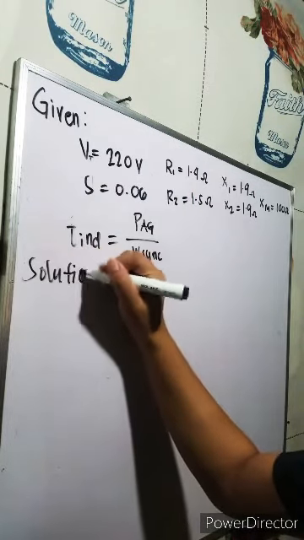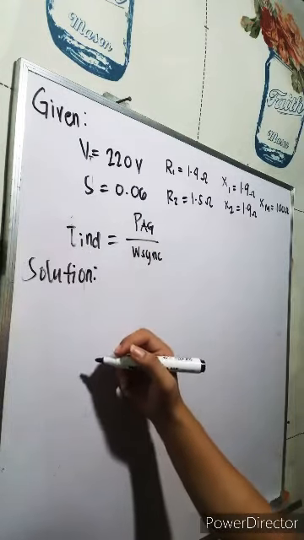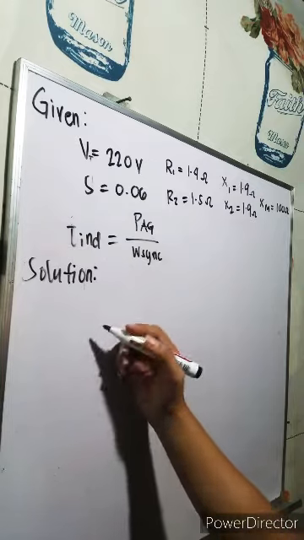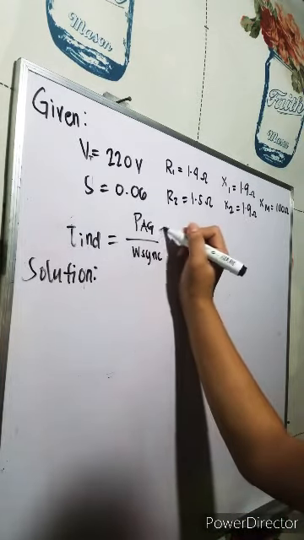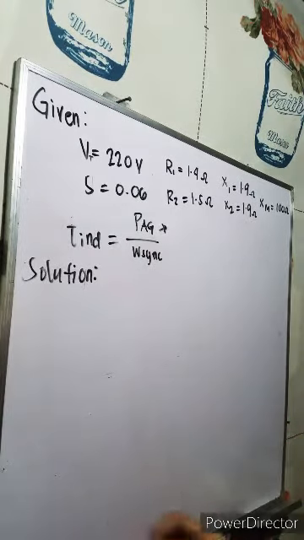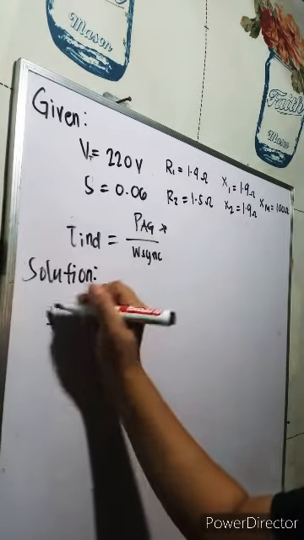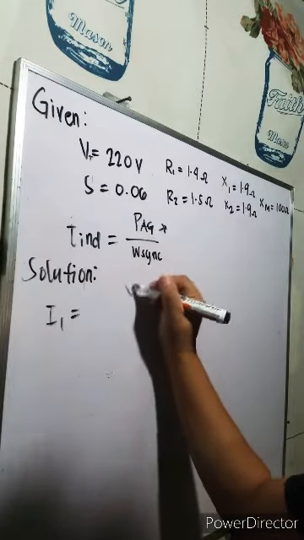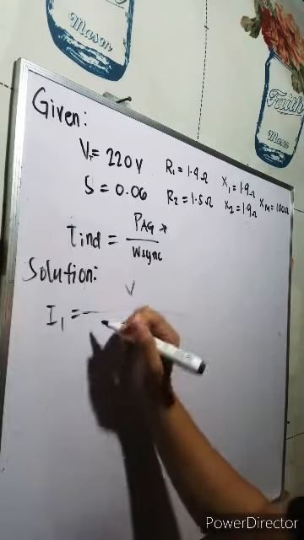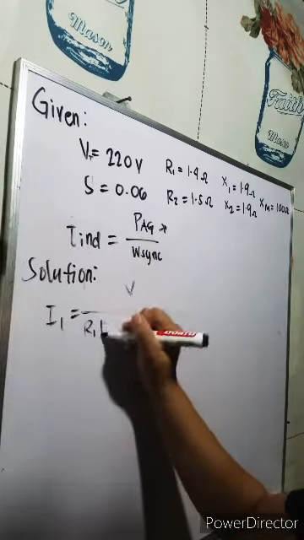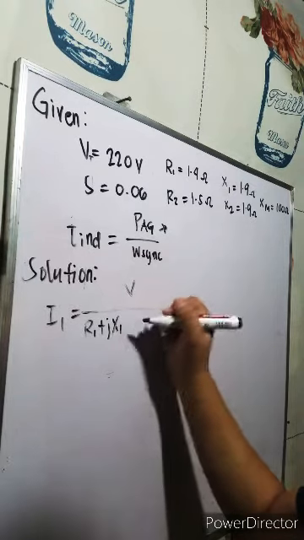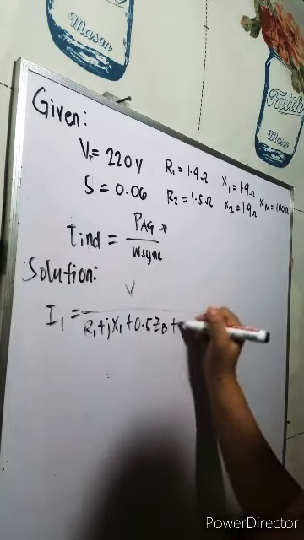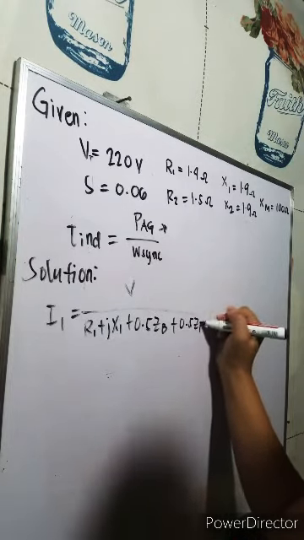For the solution, we must first get the current in order to calculate our air gap power. So I1 equals the terminal voltage over R1 plus jX1 plus 0.5 ZF and 0.5 ZB.